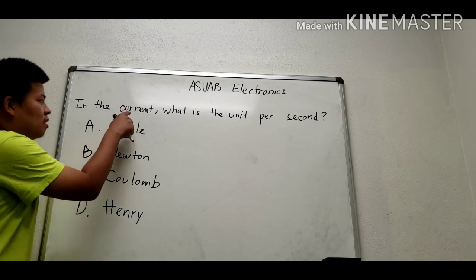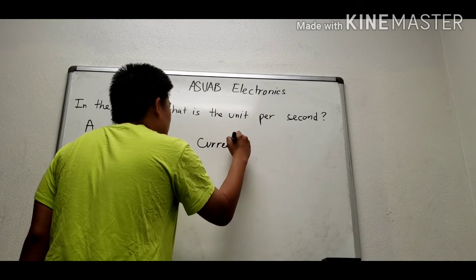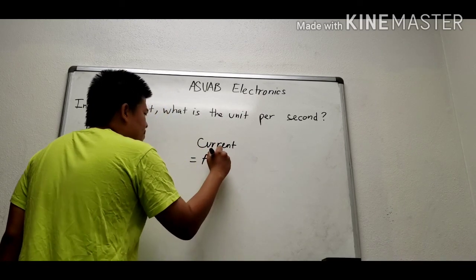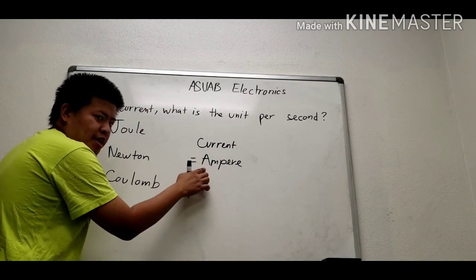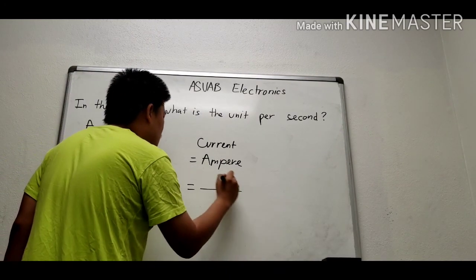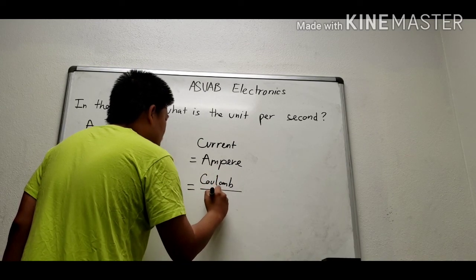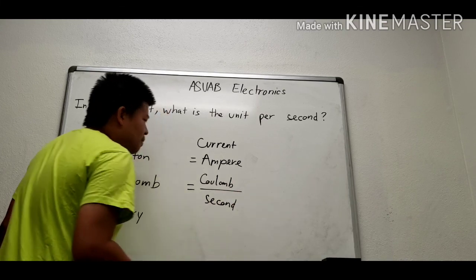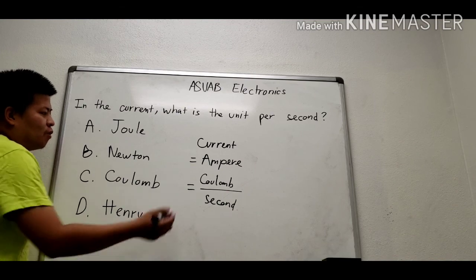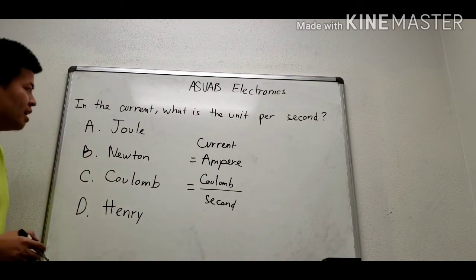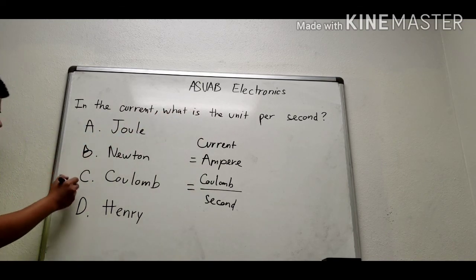We know that the current in here is the ampere, and in the ampere we have coulomb per second. This means how many electrons go through in 1 second. So we have coulomb per second, and the answer for what's the unit per second is C.